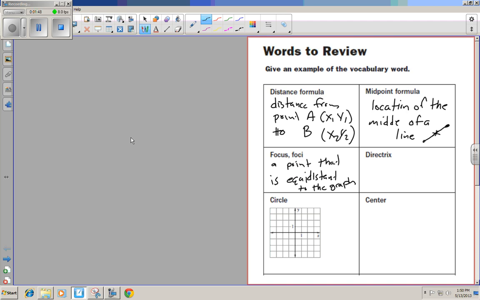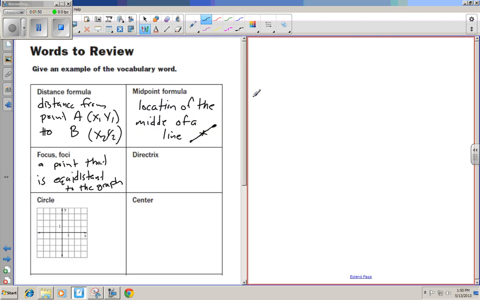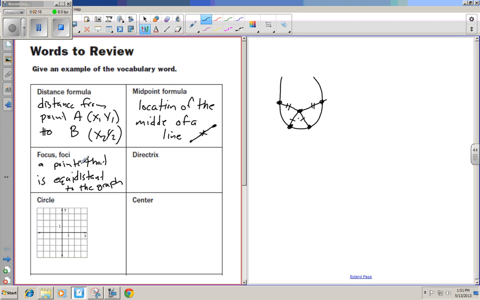So what this means is if you have a parabola, and here's the foci, it means that these two lengths are equal. It means that from here to here, this is equal. Basically, this point is line of symmetry to there, line of symmetry to here. It's a point that is equal distance to the graph. And I guess I should say points that are equal distance to the graph.